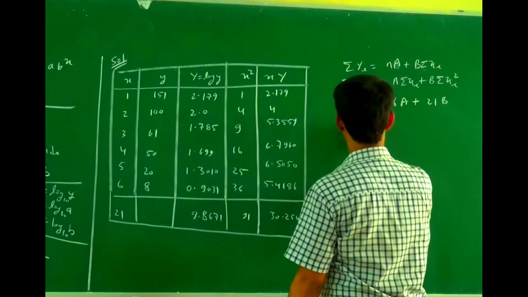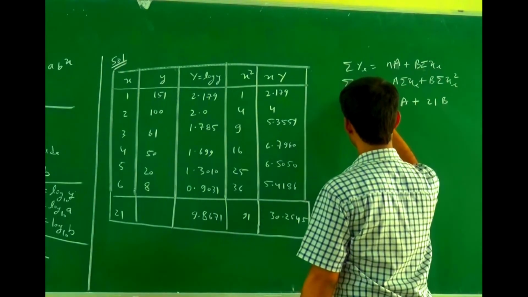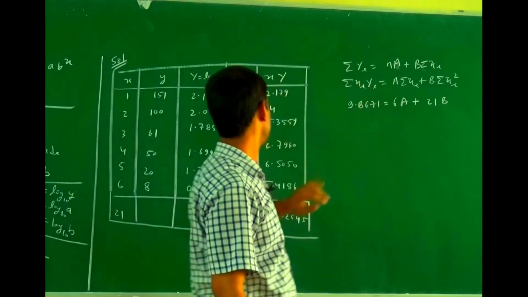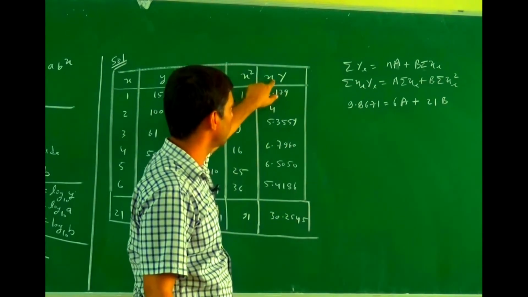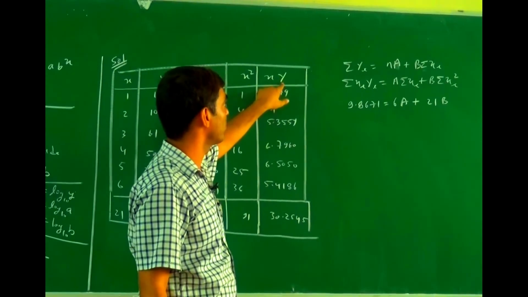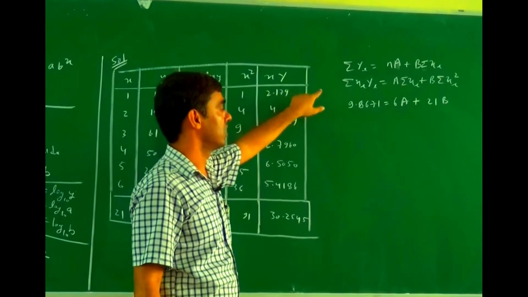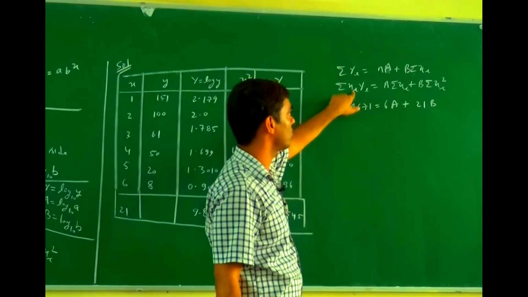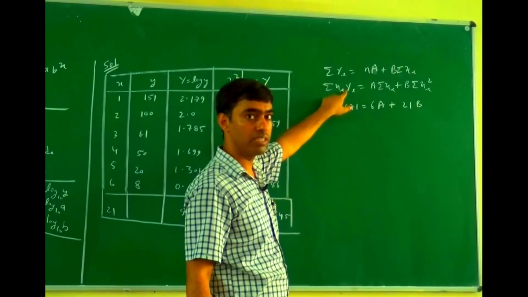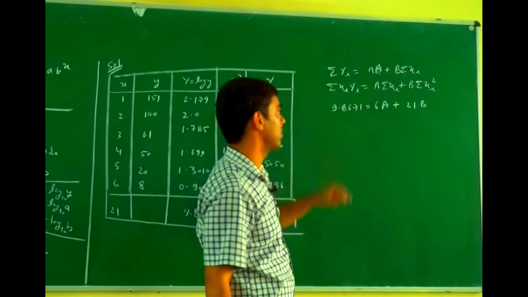Now the second equation becomes the summation of small xi and capital yi. This is small x and capital Y, not small x and small yi, so note it down. Capital yi is the log of small yi.